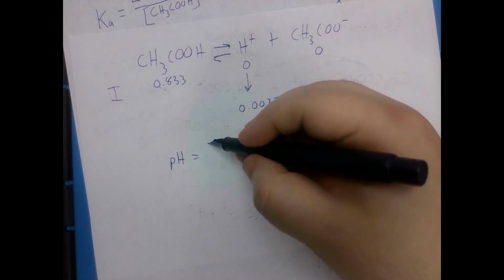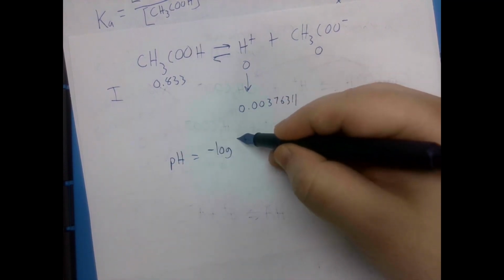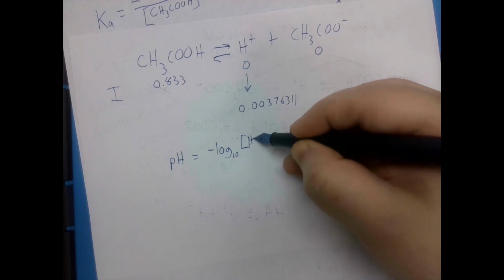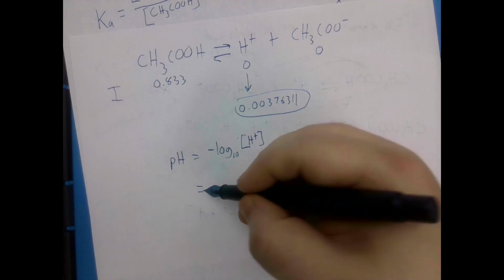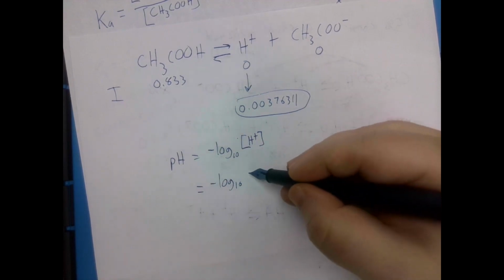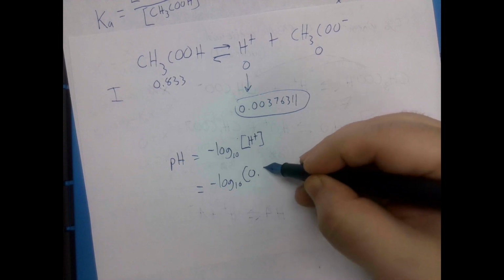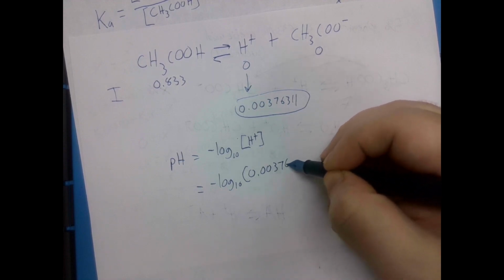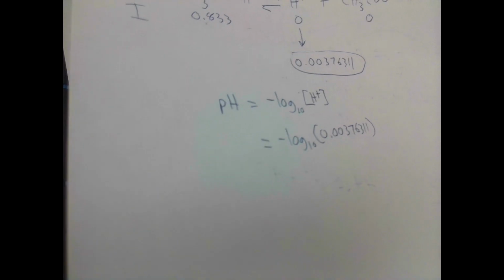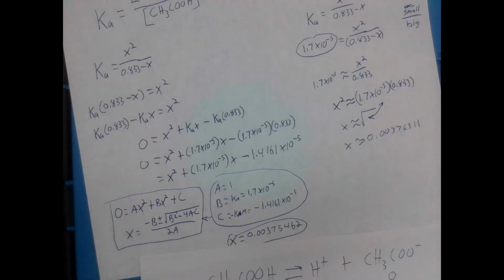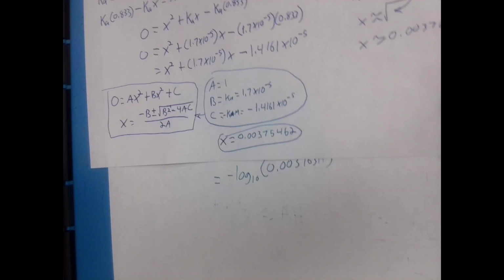pH is equal to negative log base 10 of the concentration of H plus ions. Well, that's how many ions we produced. So it's the negative log base 10 of 0.0037546. Actually, I said I was going to use the more precise number.